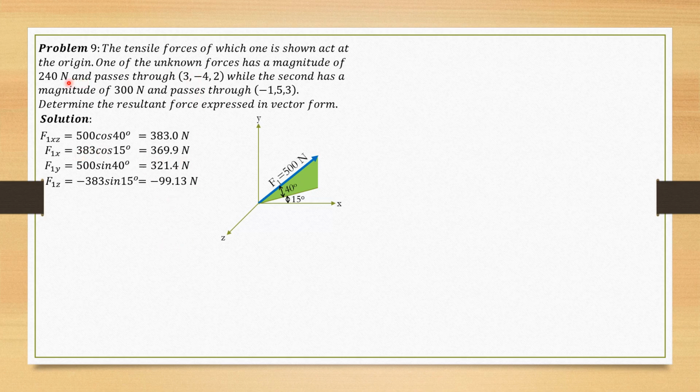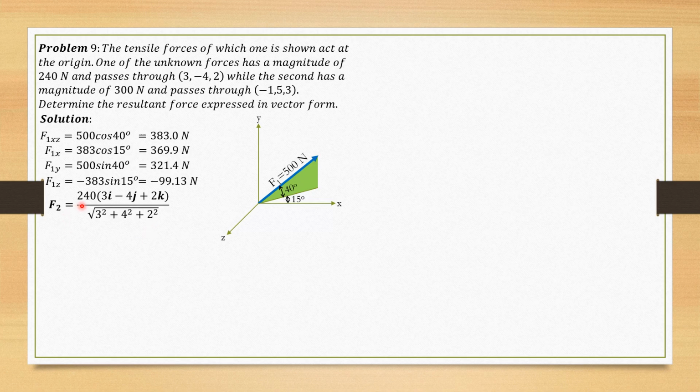For F2, the magnitude is 240 times the components of distance, namely 3i minus 4j plus 2k, all over the distance, square root of 3 squared plus 4 squared plus 2 squared. So we write it in vector form: magnitude of the force times components of distance in vector form, 3i minus 4j plus 2k, divided by the distance, square root of 3 squared plus 4 squared plus 2 squared.